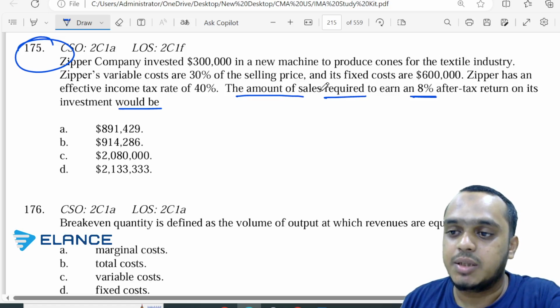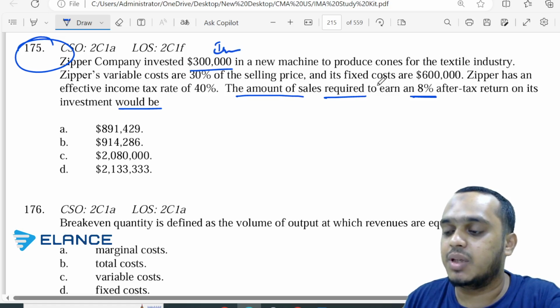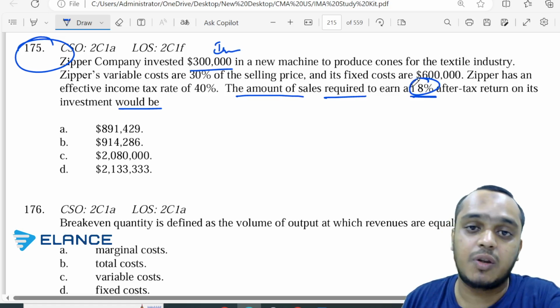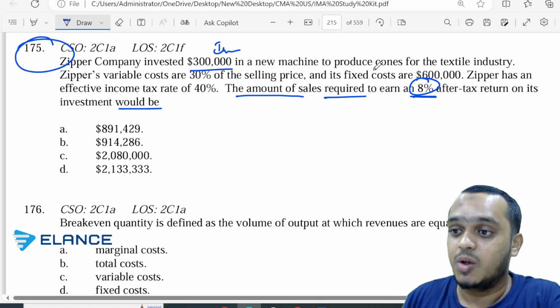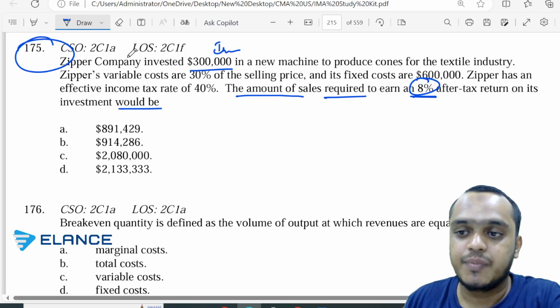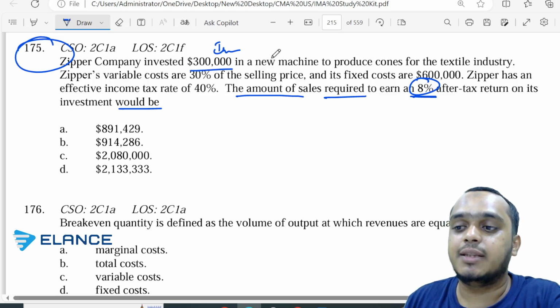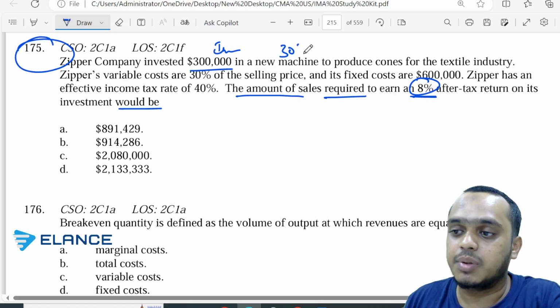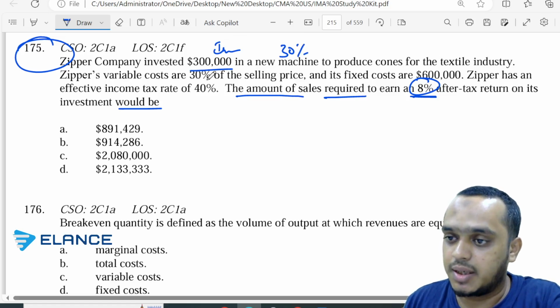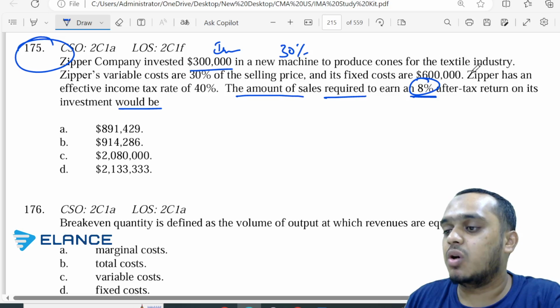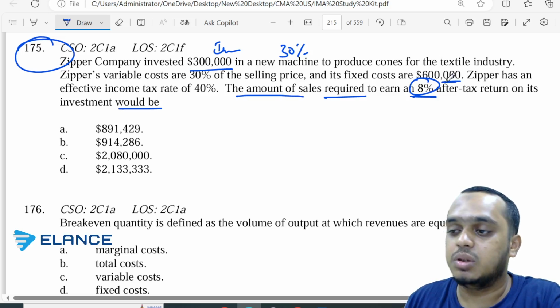Zipper company invested 300,000. So this is basically its investment. When that's its investment, it needs 8% on that particular investment. In a new machine to produce cones for the textile industry, Zipper's variable costs are 30%. Okay, 30% are the variable costs. And its fixed cost is $600,000.